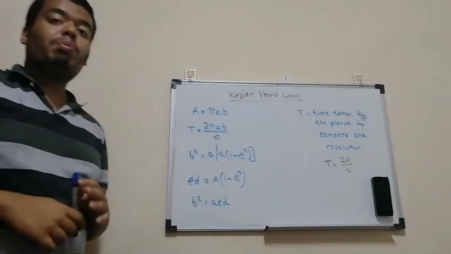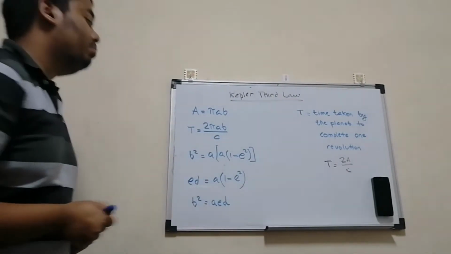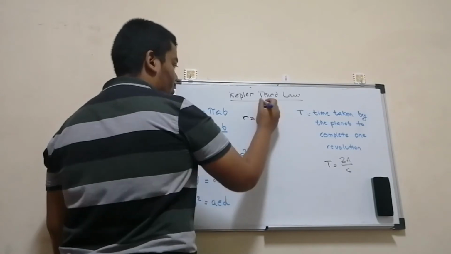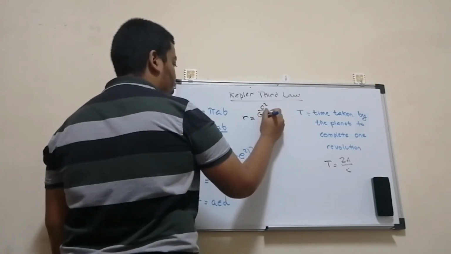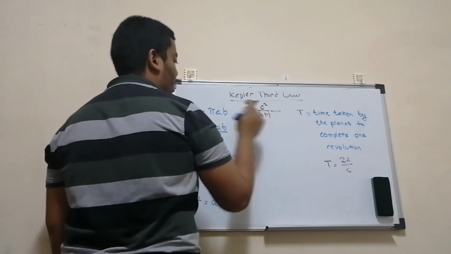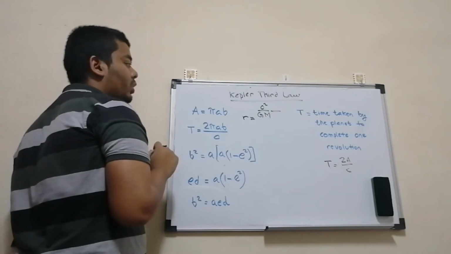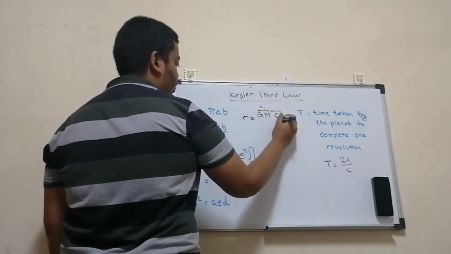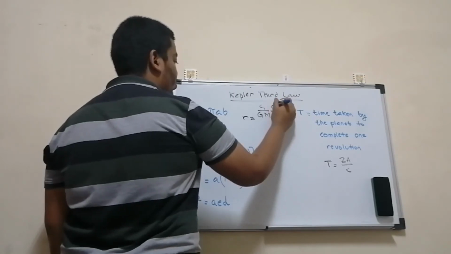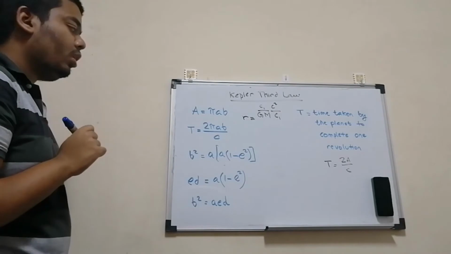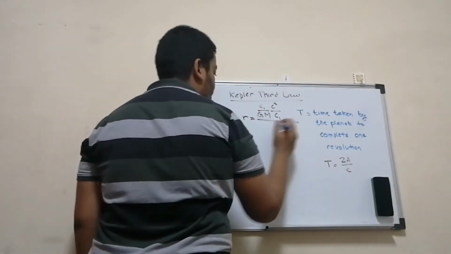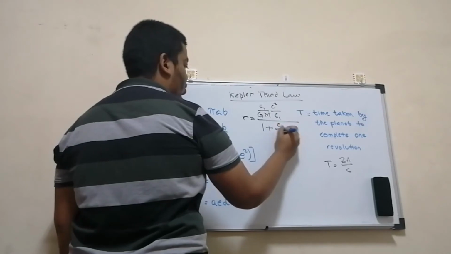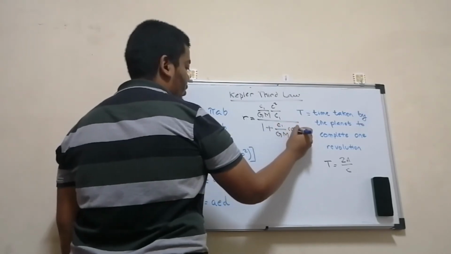Now, from my first video on Kepler's first law of planetary motion, if you remember, the conic section equation is given by c squared over GM, and then we had c1, and c squared again, on the numerator, and then we had 1 plus c1 over GM cos theta.